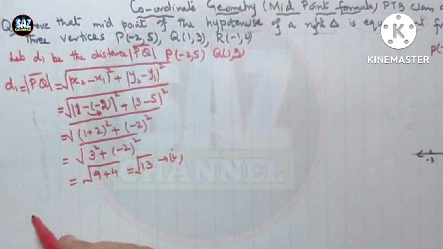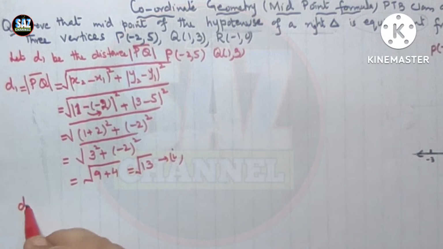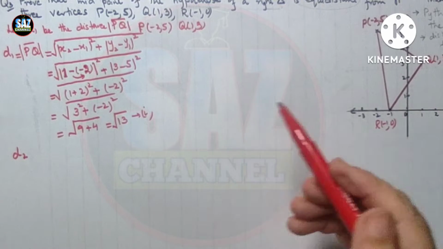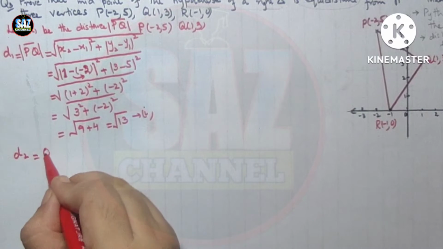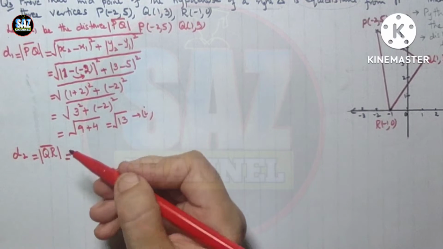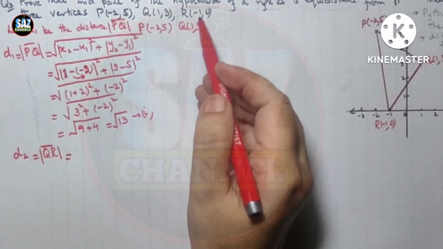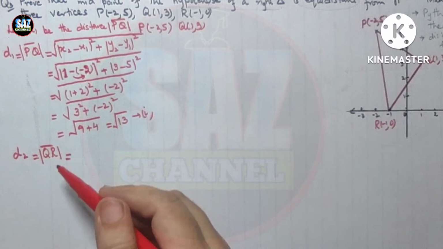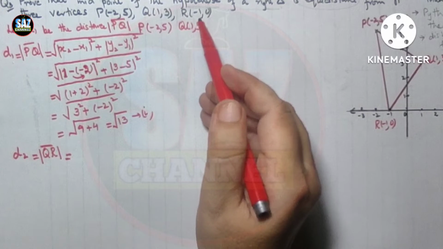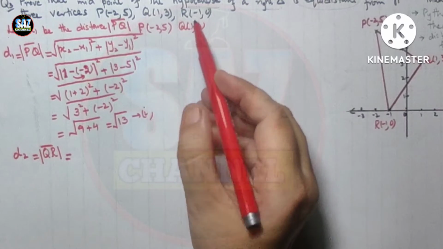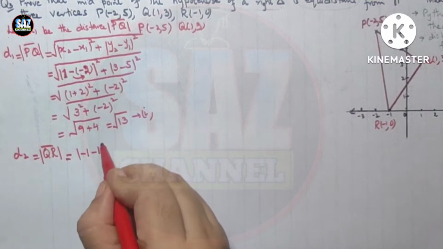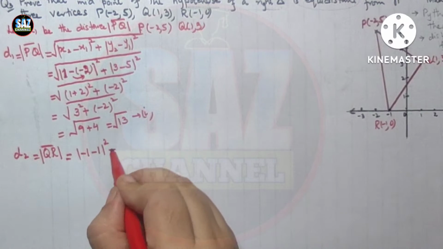Then go in a sequence: D2, Q to R distance. So Q and R. This time I'm not going to use the formula, but while you will be working in your exam and in your practice work, you must write the formula. (-1 minus 1) whole square plus (0 minus 3) whole square under the root.